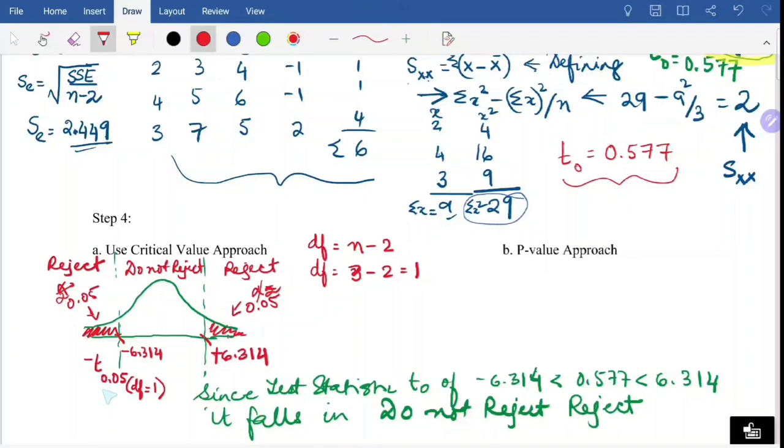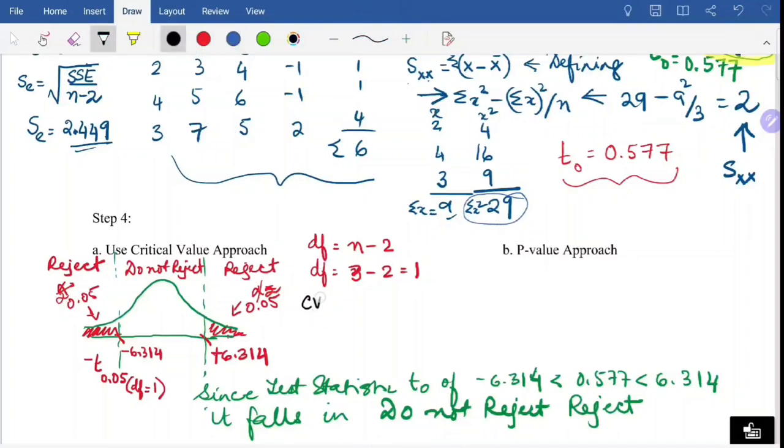However, on the left hand side, the t value will be negative, and on the right hand side it will be positive. So we are finding negative t of 0.05 with df equals 1. The df is calculated using the formula n minus 2. All right, so let me write the CV here.